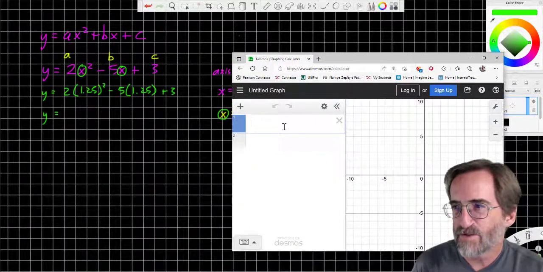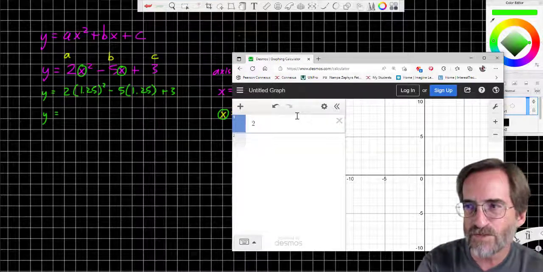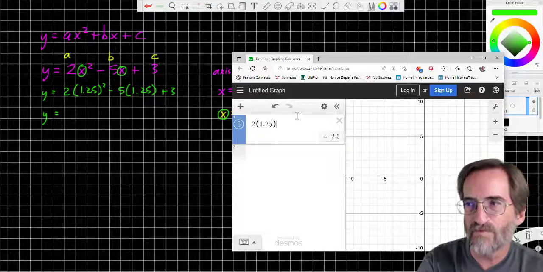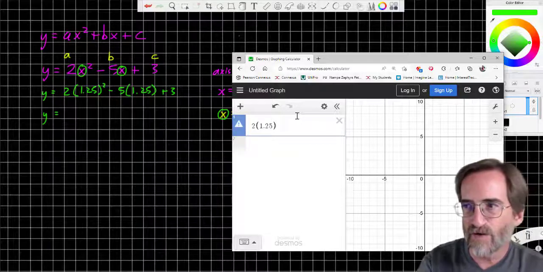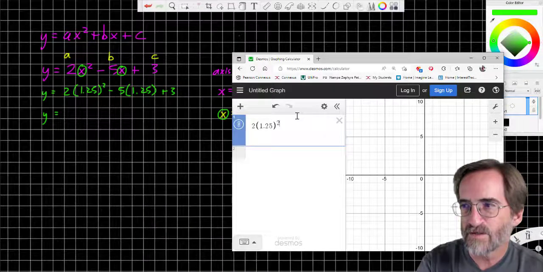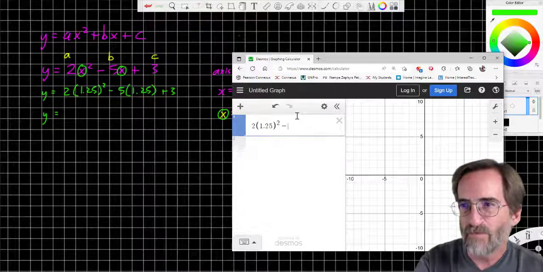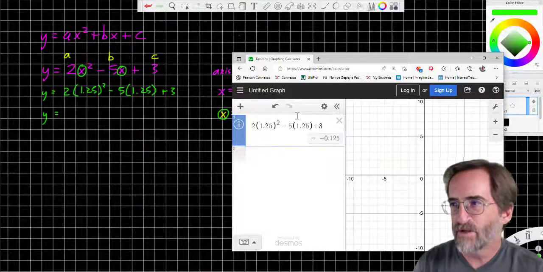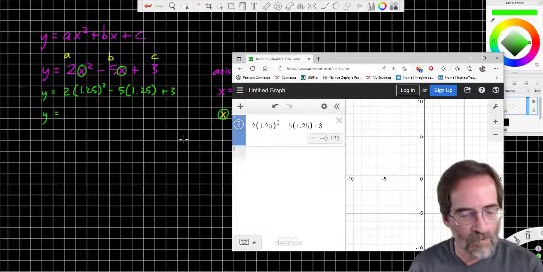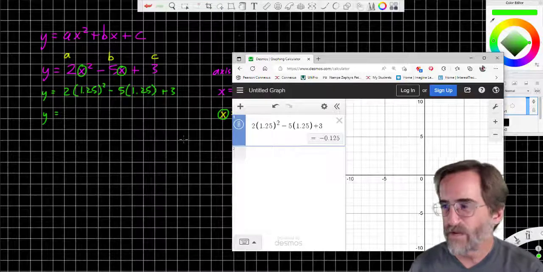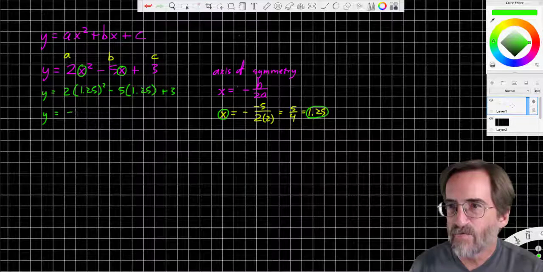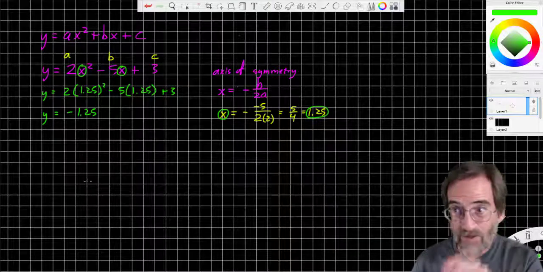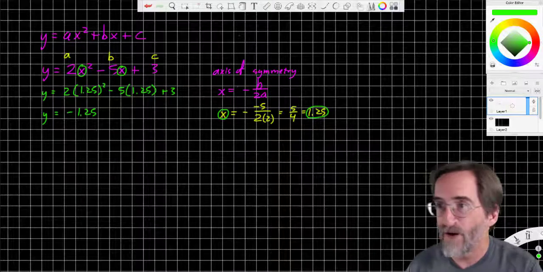Okay, and we're just going to enter it the way it looks. 2 times 1.25, shift 6 for caret for exponents, 2 minus 5 times 1.25 plus 3. And I get negative 0.125, which is about negative 1/8. Okay, now I've got the information I need to graph.